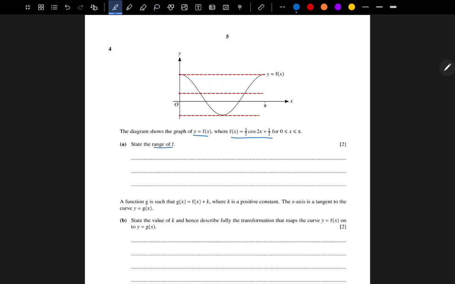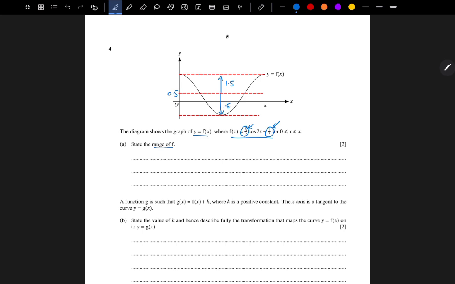We know that our baseline is 0.5 or 1 upon 2, and our amplitude will be 1.5. So from the baseline to the top, it will be 1.5, and from the baseline to the bottom, it will also be 1.5.